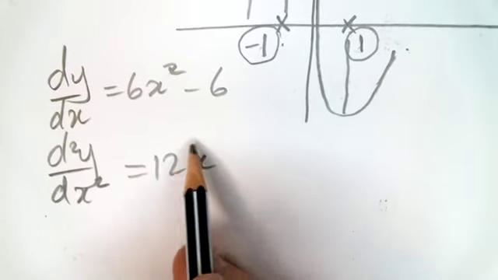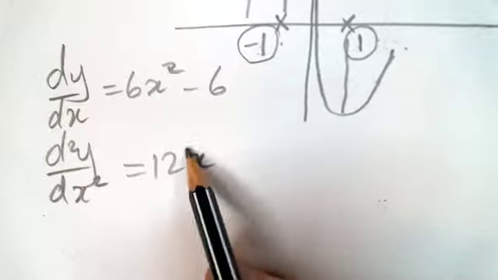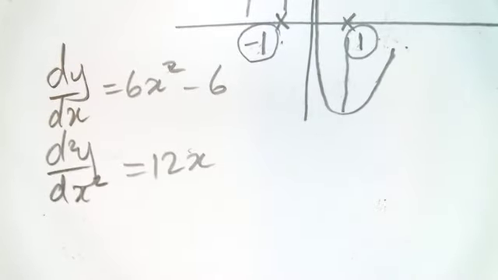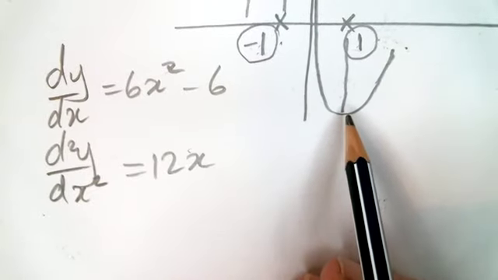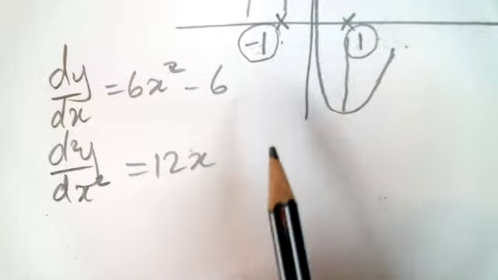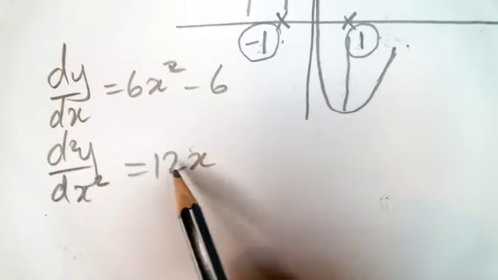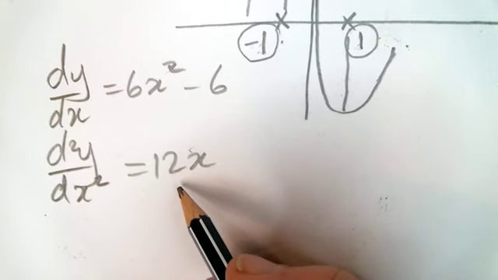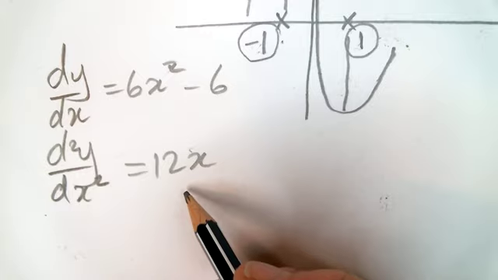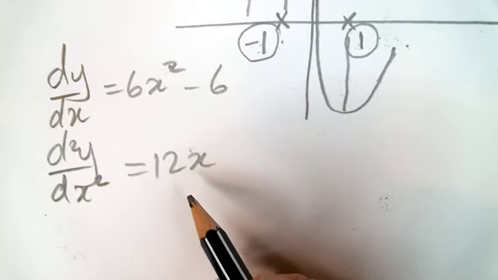If the value this yields is greater than 0, it's a minimum. And if it's less than 0, it means it's a maximum.